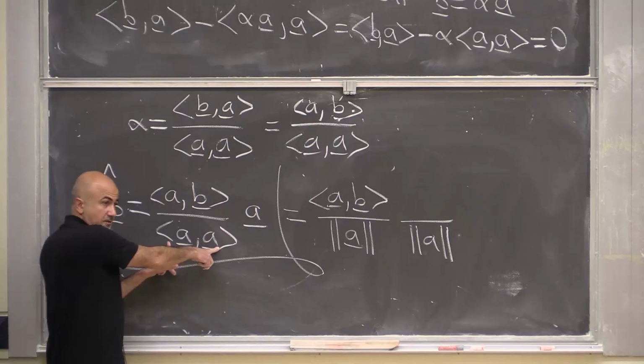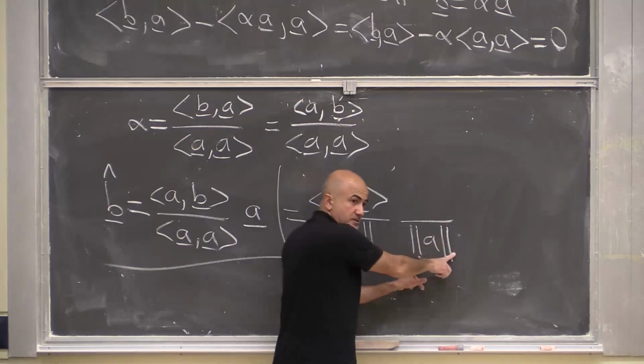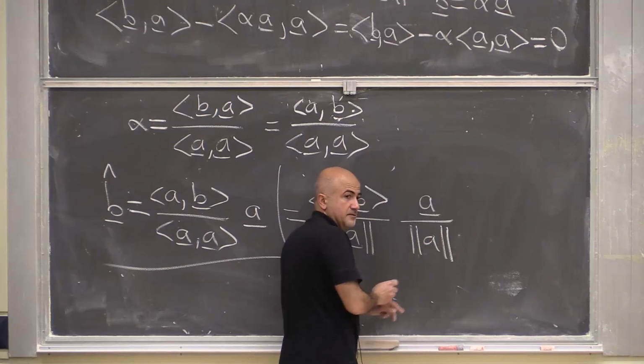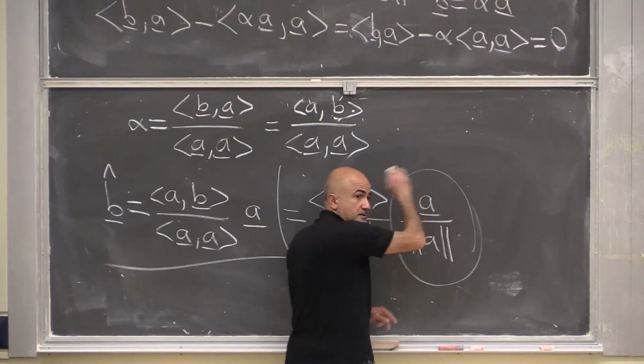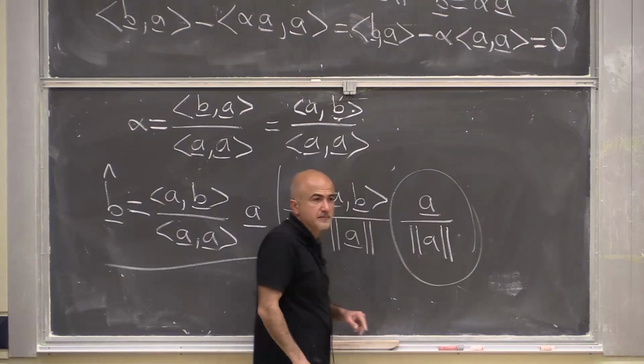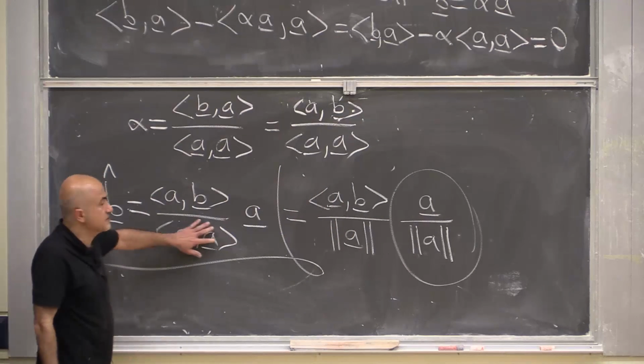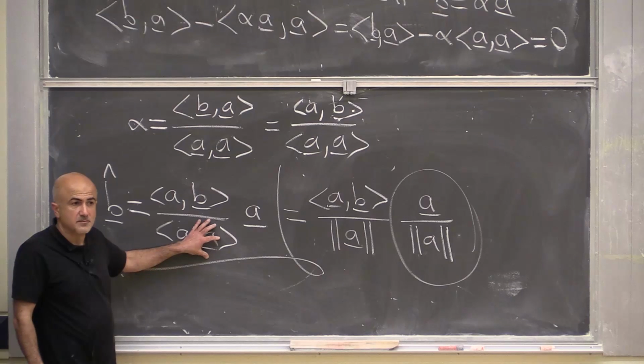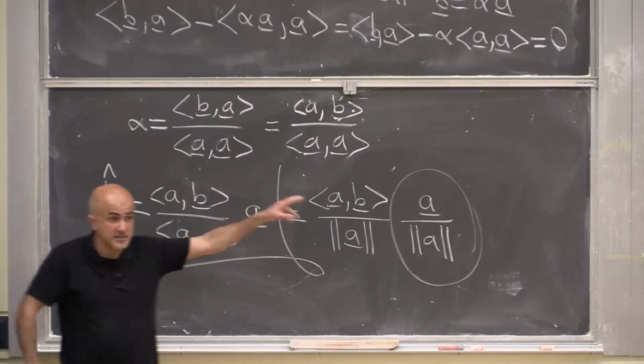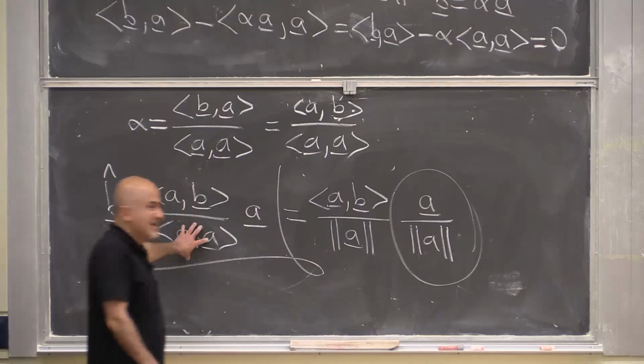It's the magnitude squared. So I'm going to write magnitude squared in this way, and I've got my A here. What kind of vector is this? A unit vector. So if A starts out being a unit vector, then you're golden. You don't even need this denominator. But because I didn't specify that A is a unit vector, this had to show up.